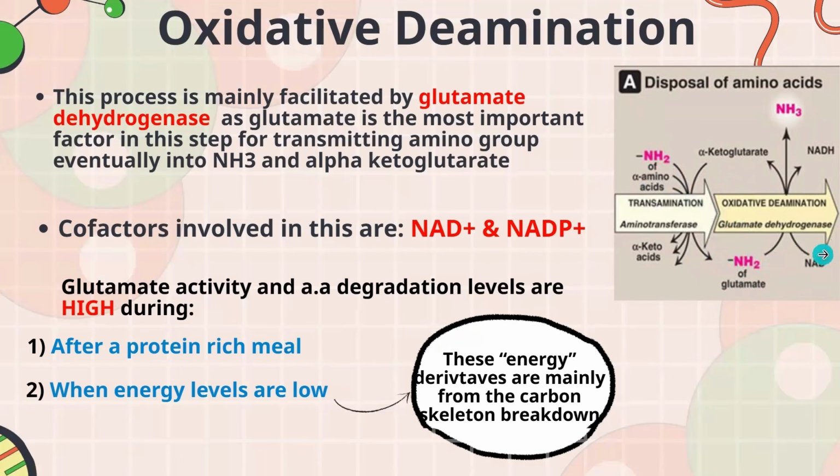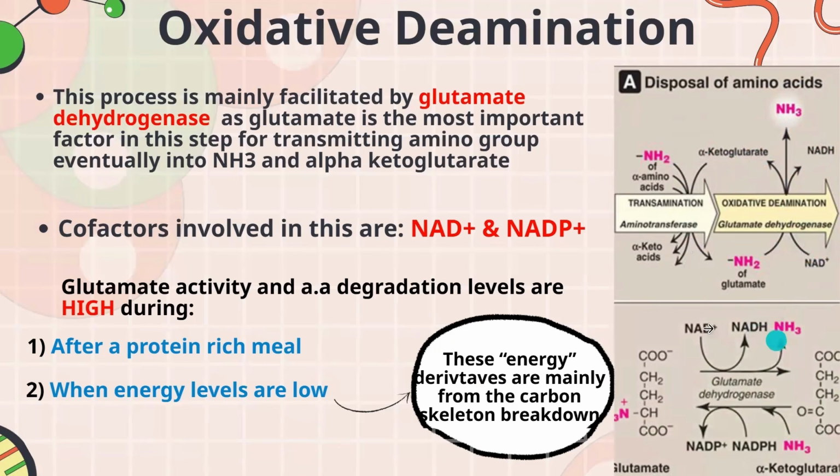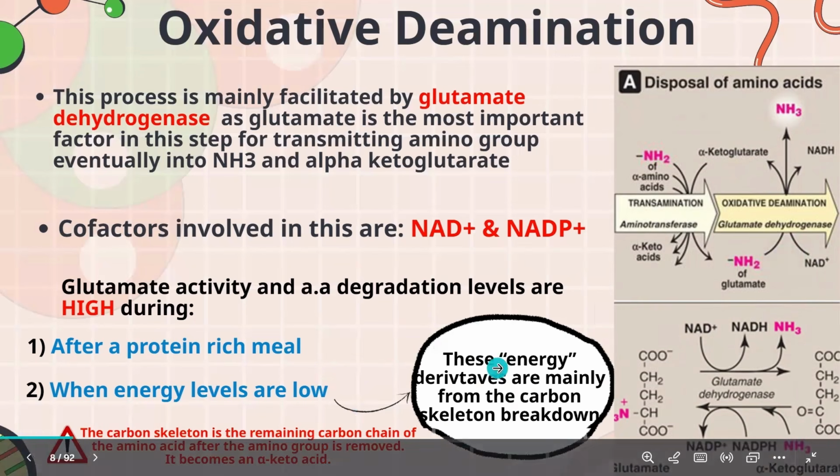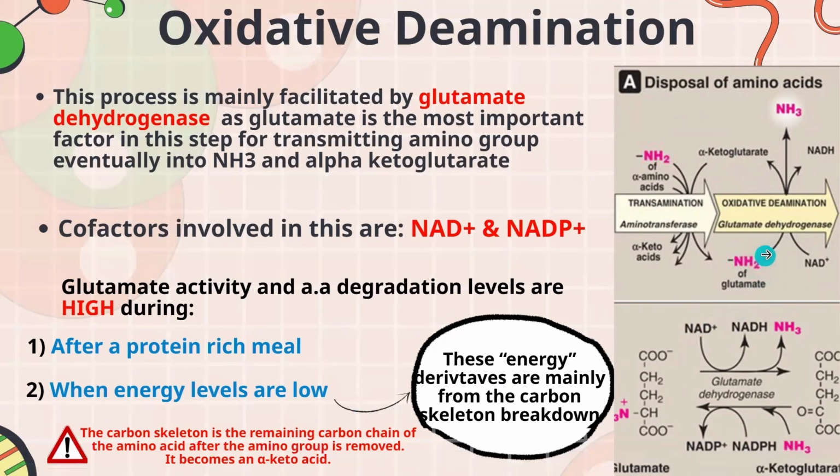And then, with NAD plus as a cofactor, they're going to undergo oxidative deamination to form NH3 as a byproduct, regenerate NADH, and also regenerate alpha ketoglutarate, and then continue the cycle. And yeah, this is basically just explaining it more. Also, a very important thing I want you guys to recognize is the carbon skeleton concept I just talked about. So please understand it, because we're going to talk about it more later.